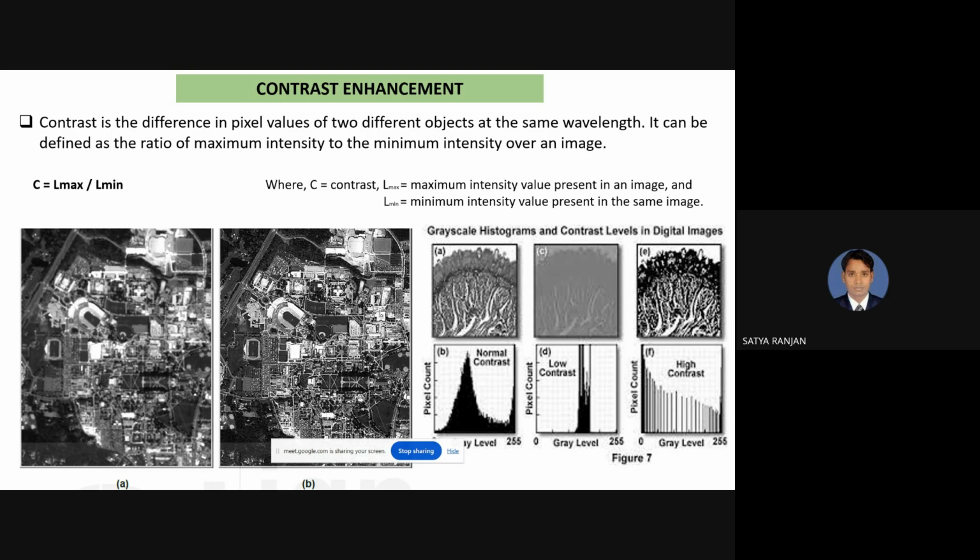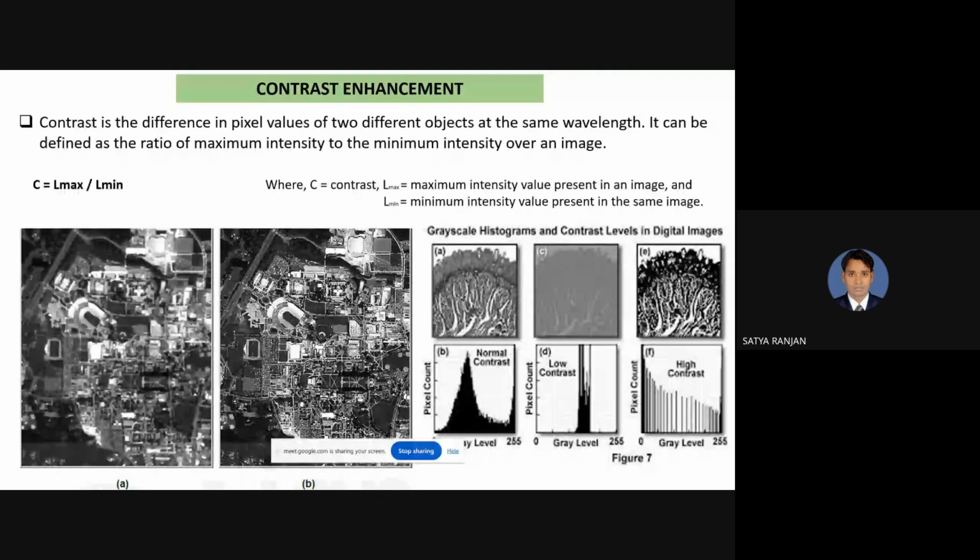So these are called the contrast, and it is defined as the ratio of maximum intensity to the minimum intensity of our image. So it is basically a ratio, that is L max by L min, where L is the intensity. So maximum intensity to minimum intensity, that is the ratio.